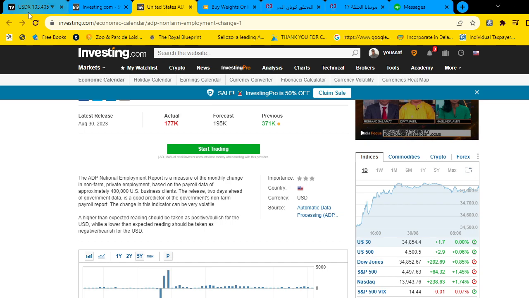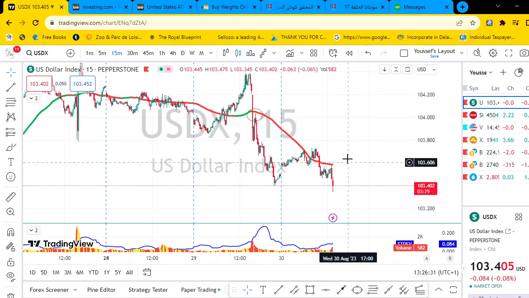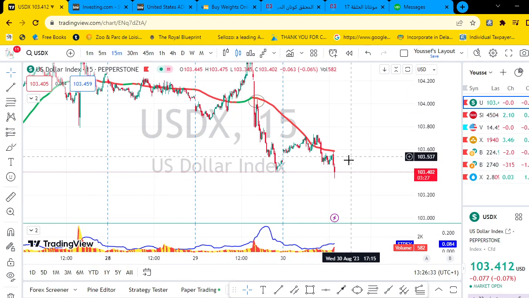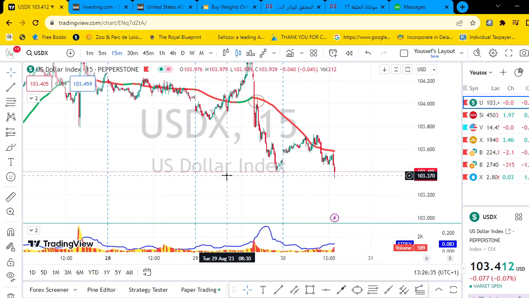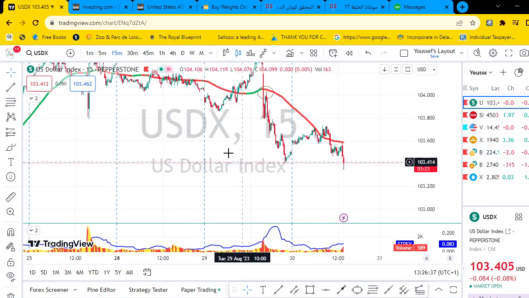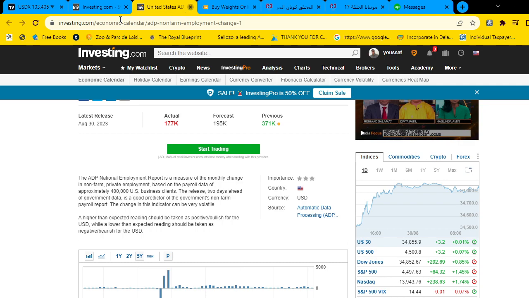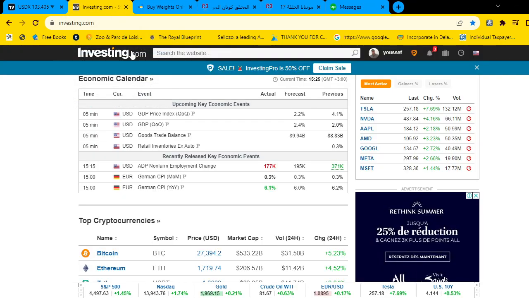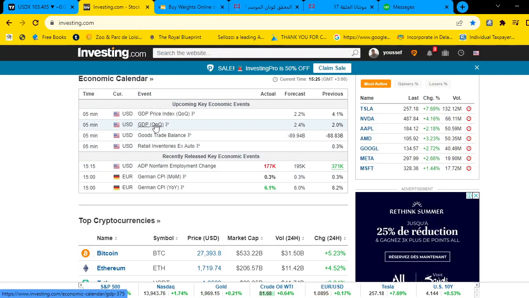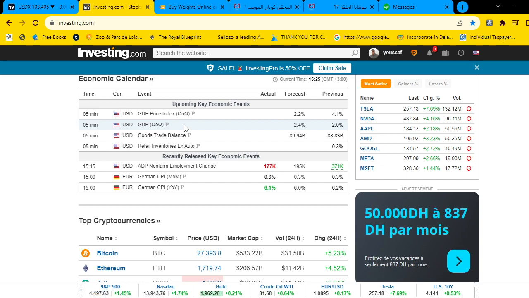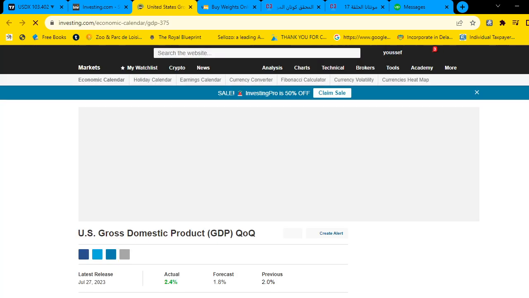It didn't have a huge impact on the US dollar, so it's not really important. Our focus is gonna be on the GDP Price Index and this one as well.